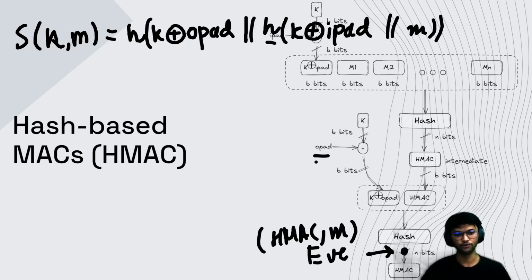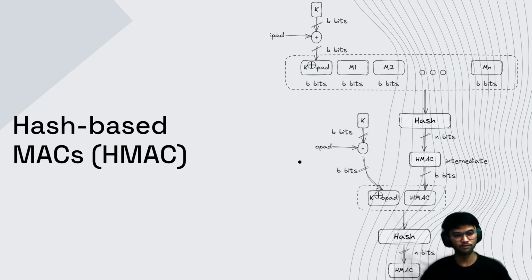So Eve is aware of those special constants. We'll come to that in just a bit. So now let's try to perform a length extension attack in this construct. Let's say Eve adds a few malicious blocks over here, and then uses the same hash function to somehow compute the intermediate hash, the HMAC.